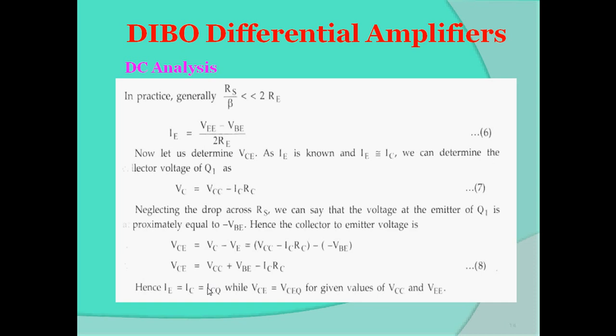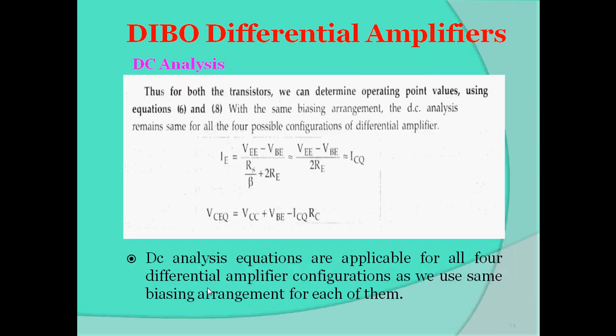So these two equations, equation number 6, IE is equal to VE minus VBE by 2RE, and equation number 8, VCE is equal to VCC plus VBE minus ICRC, will give us the operating points for transistor Q1, and the same will be applicable for transistor Q2. As both transistors are identical, the operating point values for one are applicable for the other.